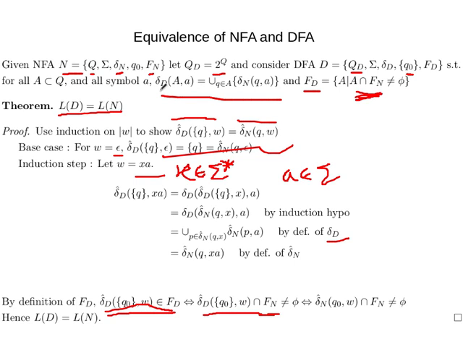From this definition itself, it follows from here to here. And then by the definition of delta hat of N, if you go back and look at the definition of delta hat of non-deterministic finite automata, it follows that this is equal to this.